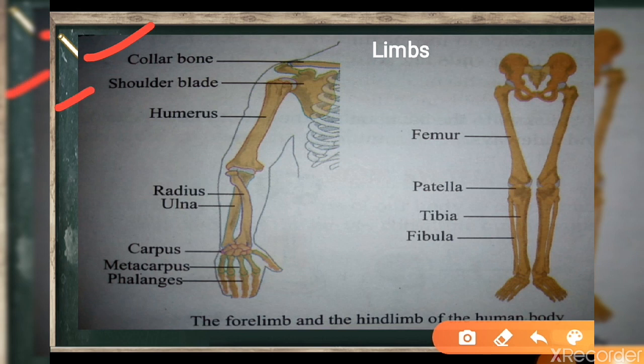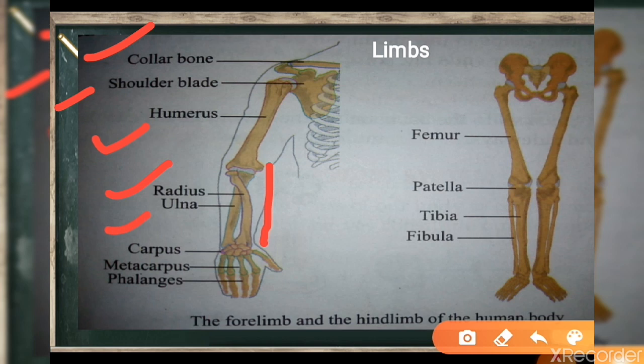Now the upper arm has one long bone, the humerus. And the lower arm has two bones, radius and ulna. What are these? Radius and ulna.